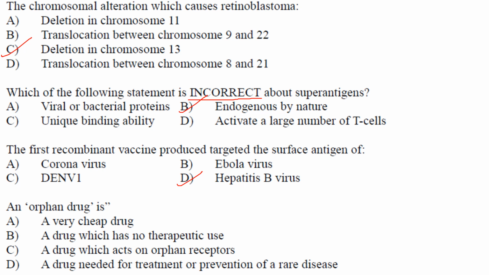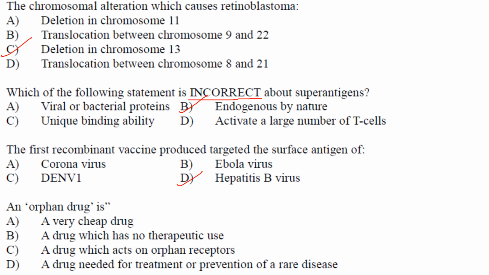Then an orphan drug is a very cheap drug? No, it could be expensive because of the development cost. A drug which has no therapeutic use? It has therapeutic use. A drug which acts on orphan receptors?